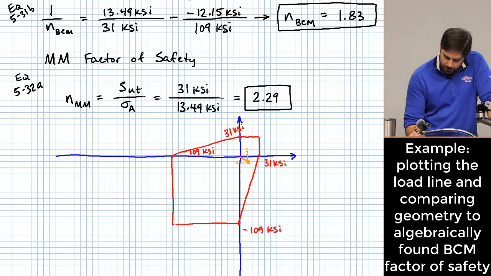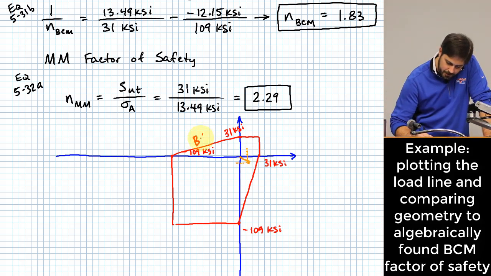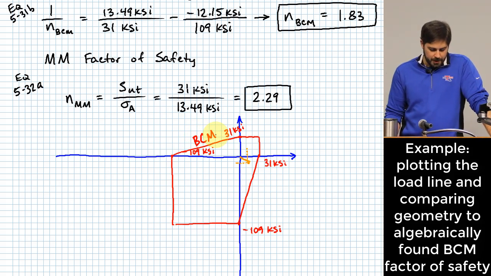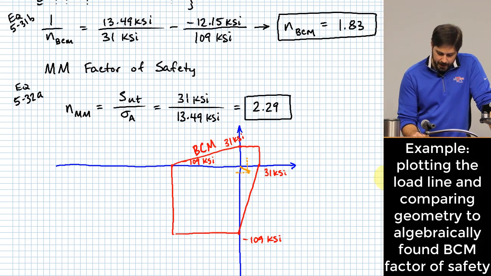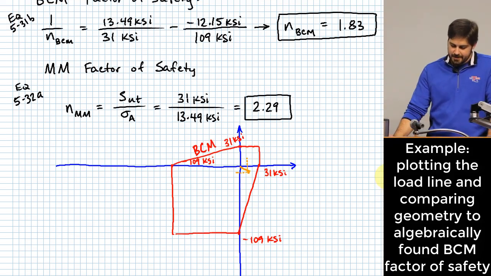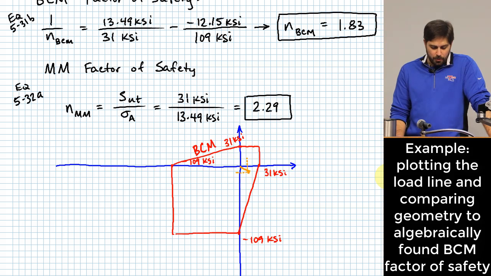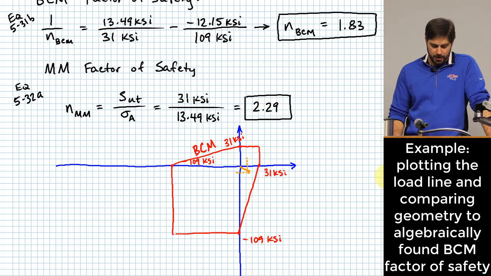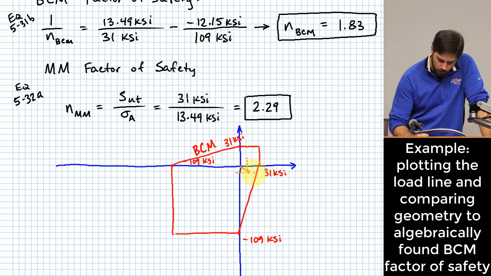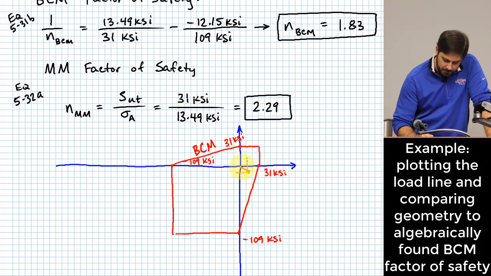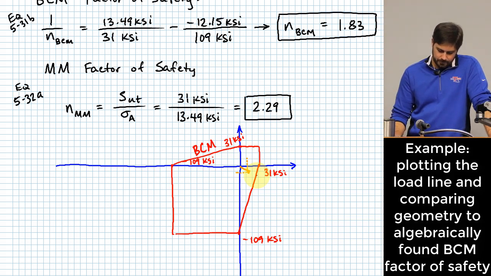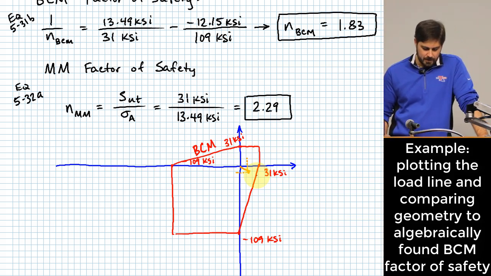Relative to the Brittle Coulomb Mohr criteria that I have drawn on here, does it make sense that I'm about 1 over 1.83 of the way to the failure criteria? It looks like a pretty good estimate to me. In other words, 1 over 1.83 gives me the percentage of the way I am from 0 out to that failure locus. Yes, that yellow line is my load line.